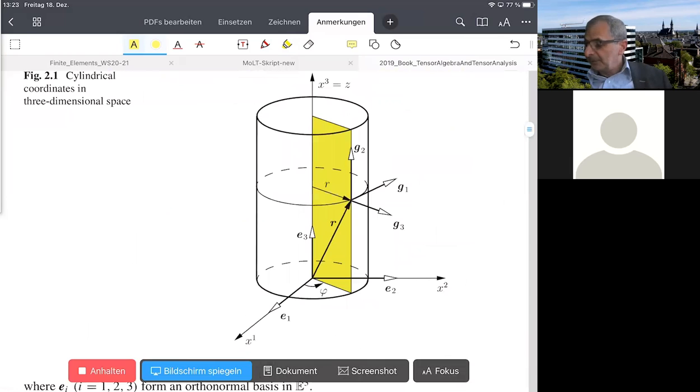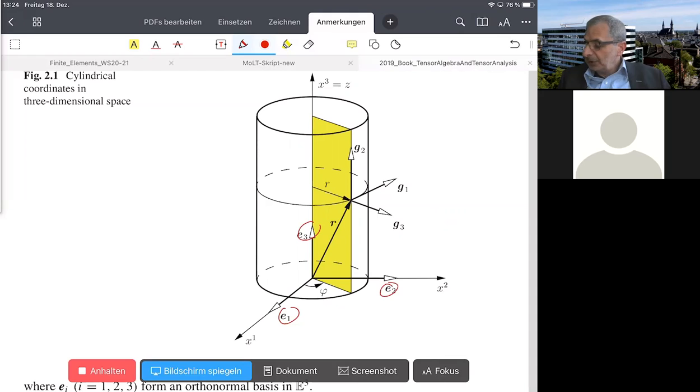I consider three unit vectors, you see, E1, E2, and E3. We can always have such vectors in Euclidean space. This is the advantage of Euclidean space in this case.